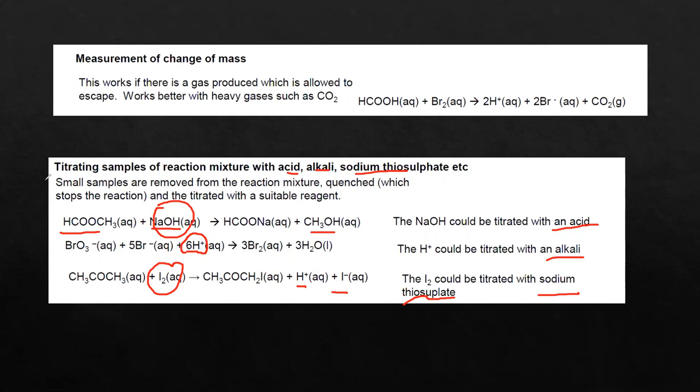This is the concept of measuring the speed or rate of reaction using titrations. So we take out the sample and quench, and then we use a suitable reagent for the reaction to occur. Any doubt in this?